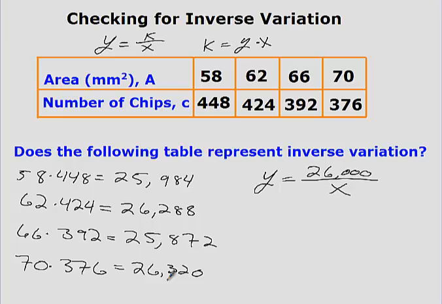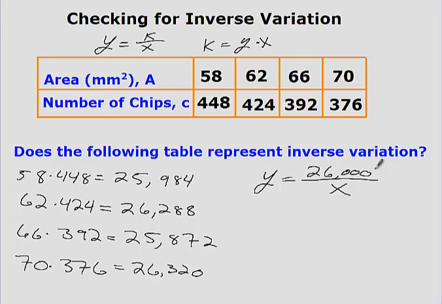Yes, no, maybe? Okay. So are there any questions on how to determine if it's inverse variation based off of a table? So you actually just multiply your x and y's together, and you should get approximately the same number every step of the way. If you do, you put yes. If you don't, you put no. If it's a table, it should tell you which type of variation it's looking for.